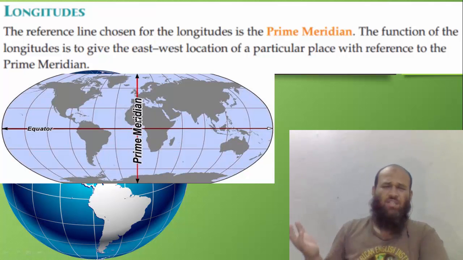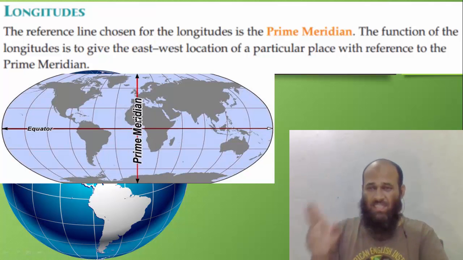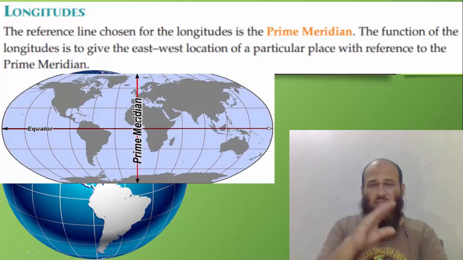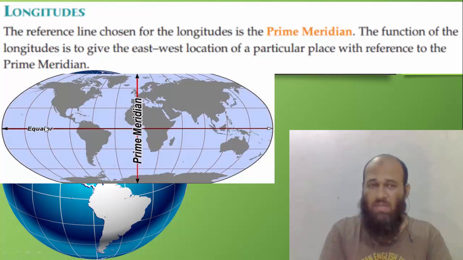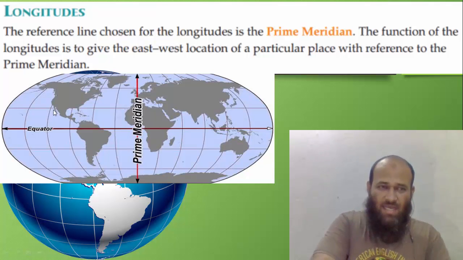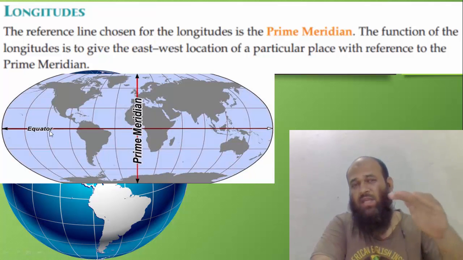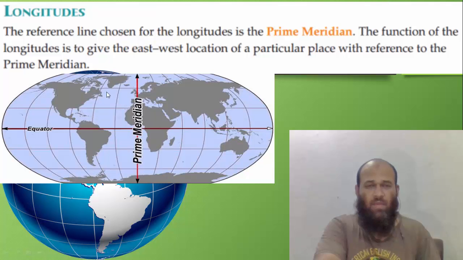Now, what is the function of the prime meridian? Its function is to give the east-west location of a particular place with reference to the prime meridian. Just like with reference to the equator, we say that it is 23.5 degrees north and 23.5 degrees south.